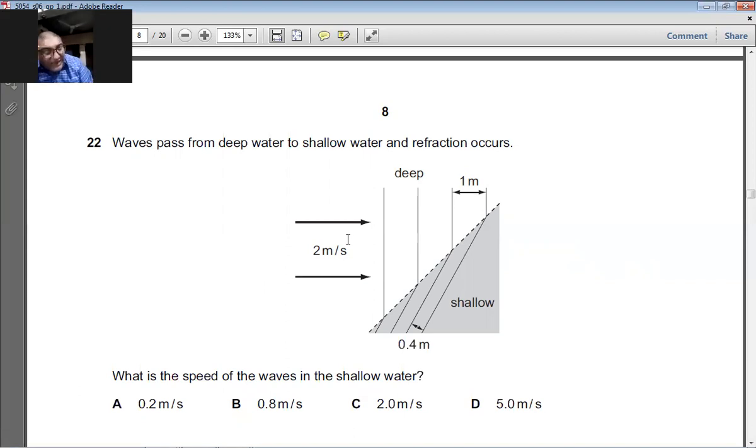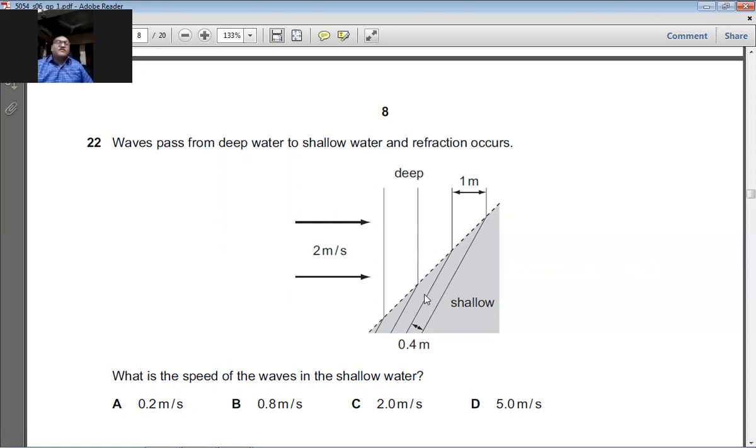So I can find out the frequency of the wave here. V equals F lambda. So F will be equal to V by lambda. That will be 2 meters per second divided by 1 meter, and that will give you 2 hertz.